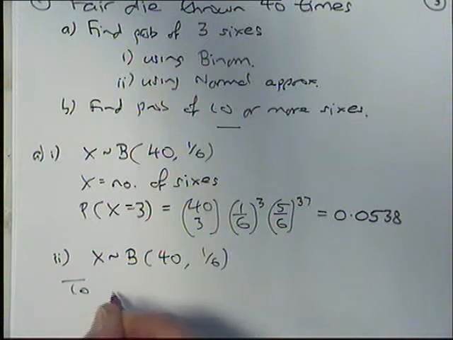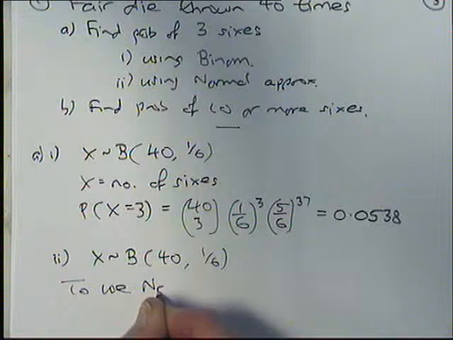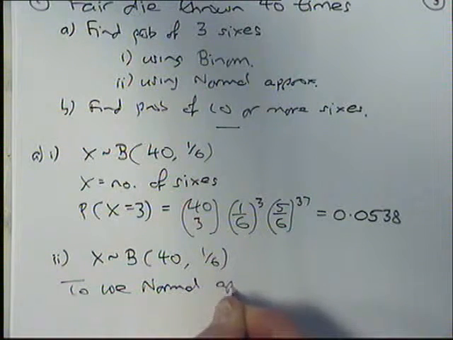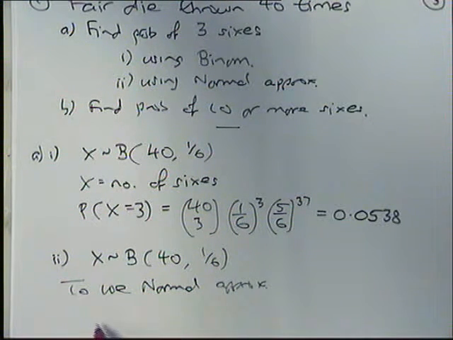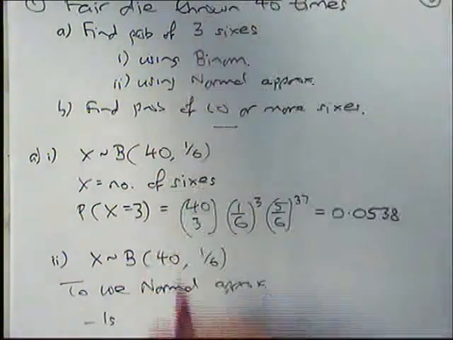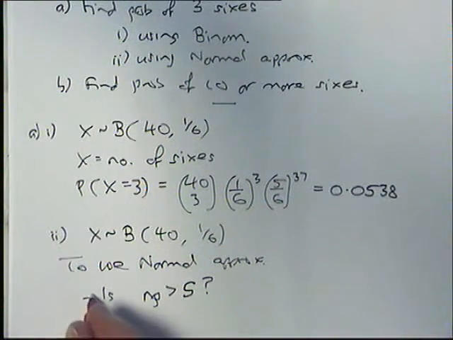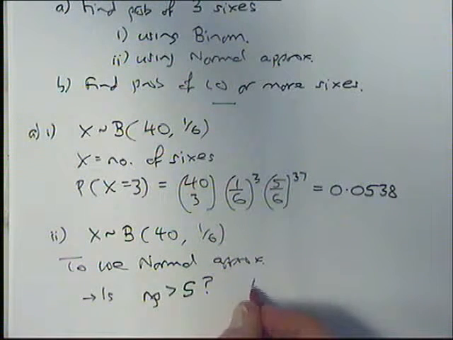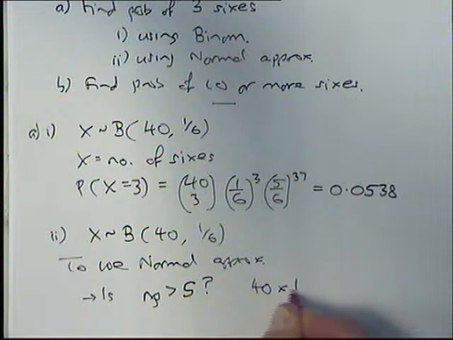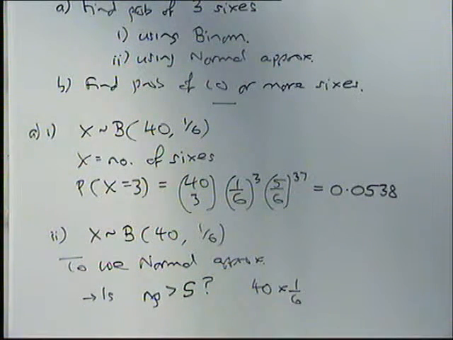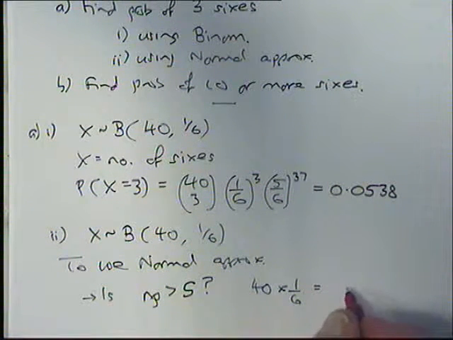So, if you say to use the normal approximation, you're going to ask yourself the questions we had earlier in that red box rule. Is np greater than 5? It's the first question you need to ask yourself. Well, that is 40 times 1/6, which is 6 and 2/3.